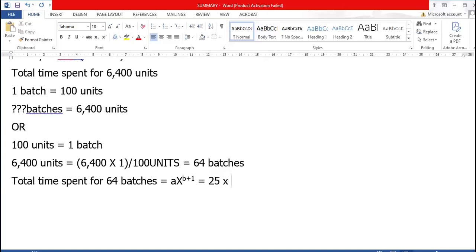Then times your X. X is the cumulative number of units, but here we are dealing with batches, not units. So it will be the cumulative number of batches, which is 64. Then power b plus 1.